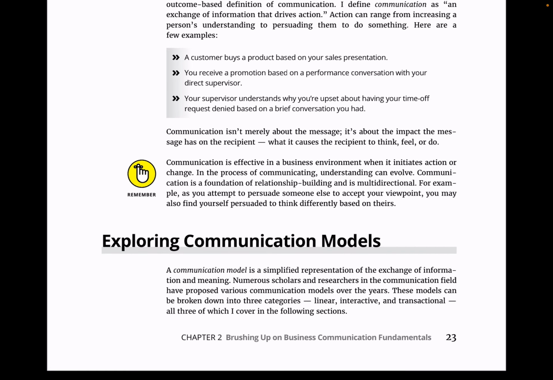Context. The situation or setting can impact the message and how it's conveyed and interpreted. Communication doesn't occur in a vacuum. Physical, psychological, social, cultural, and relational contexts all influence how communicators exchange information and understand one another.